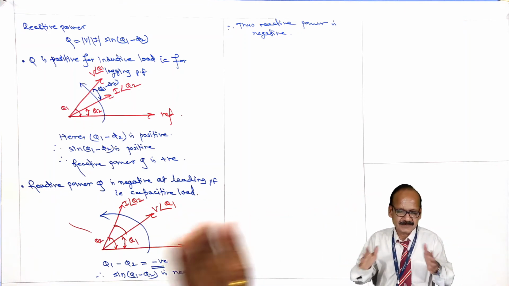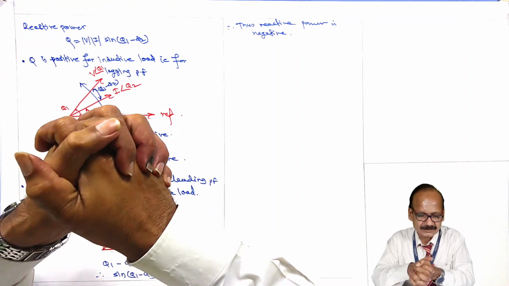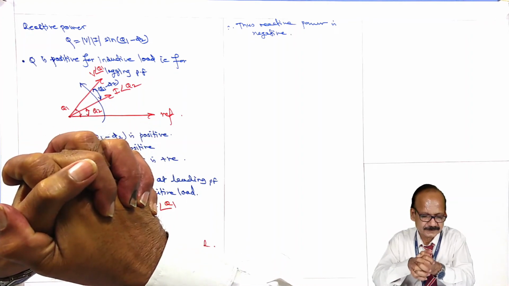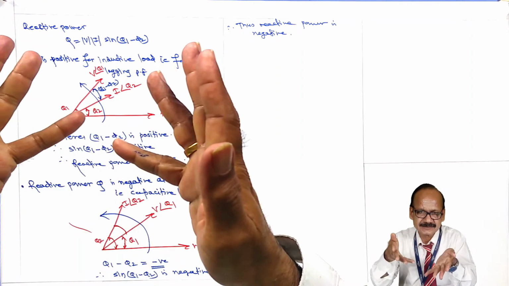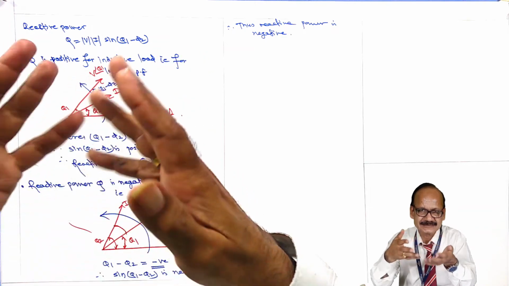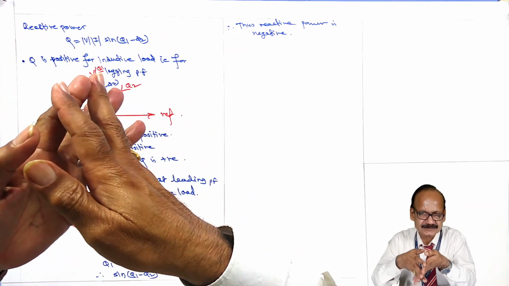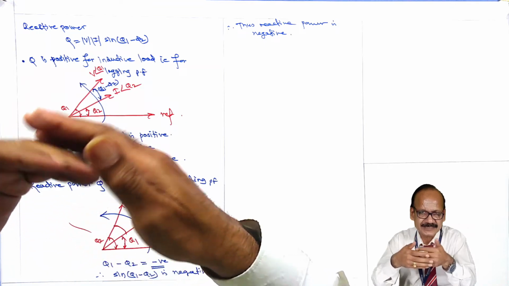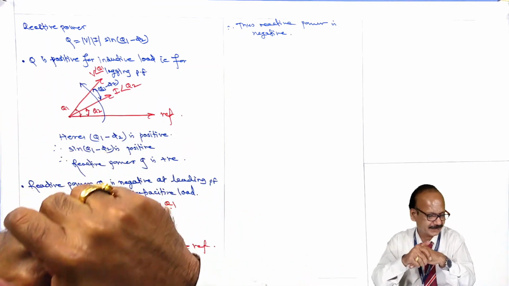When shunt capacitor is connected across the load, it delivers the lagging VAR. It generates lagging VAR, whereas it absorbs leading VAR.